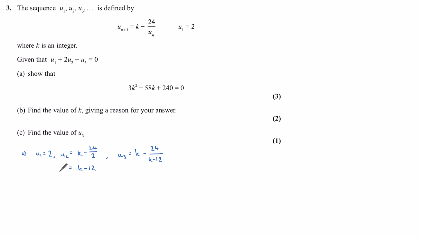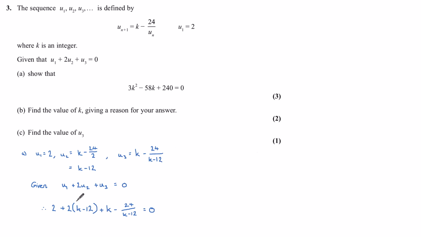So we have u1, u2, and u3. Given that u1 plus 2u2 plus u3 is equal to 0, we can substitute these into this equation, which gives us 2 plus 2 lots of u2 plus u3 is equal to 0.